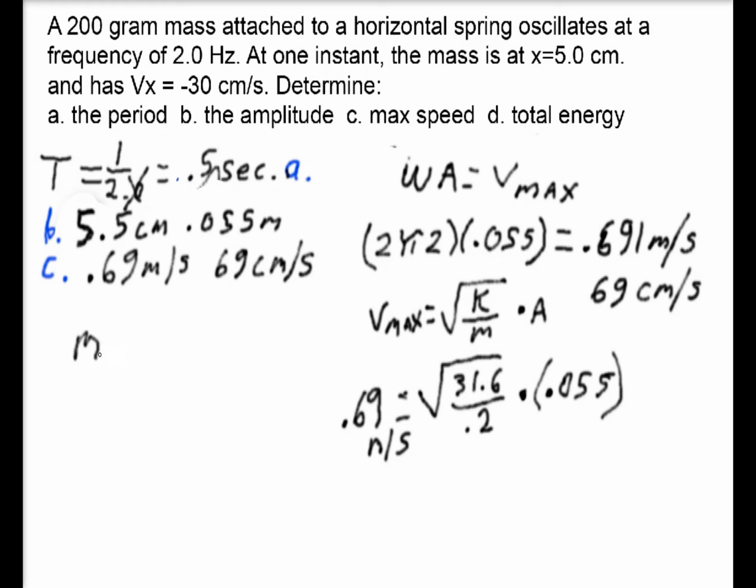Then part D, the total energy. Again, the equation for total energy, the mechanical energy, is 1/2 k, the spring constant, times the amplitude squared, and this will give your answer in joules. Go ahead and calculate this: 31.6 times 0.055, and remember to square that.